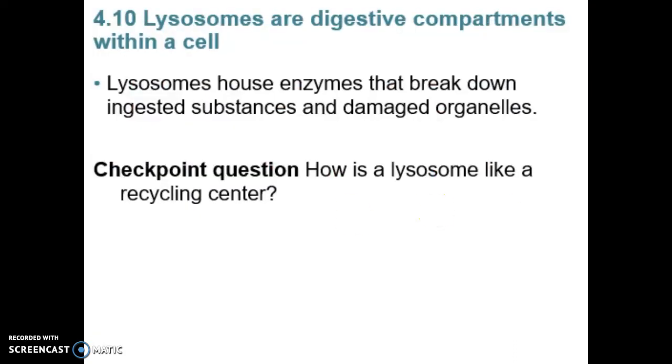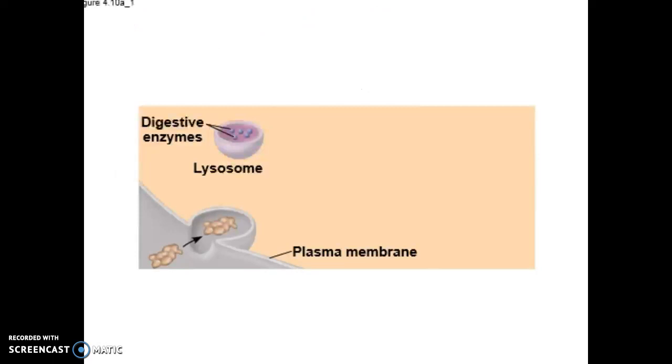The other organelle within this function is called the lysosome. The lysosome houses enzymes that break down ingested substances and damaged organelles. So here you see, for example, food trying to enter into the cell.